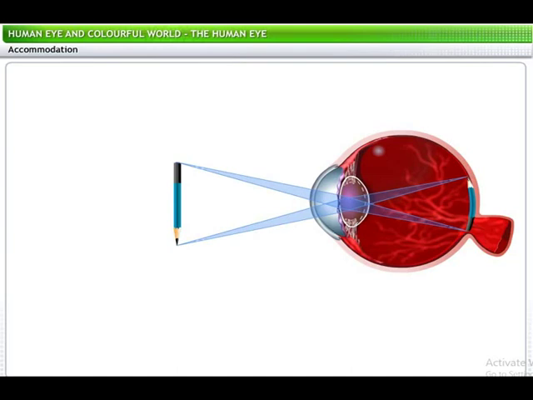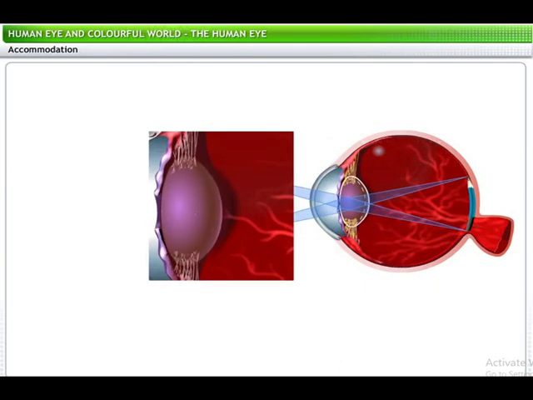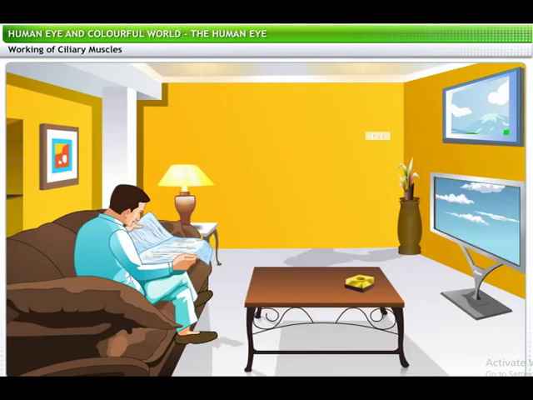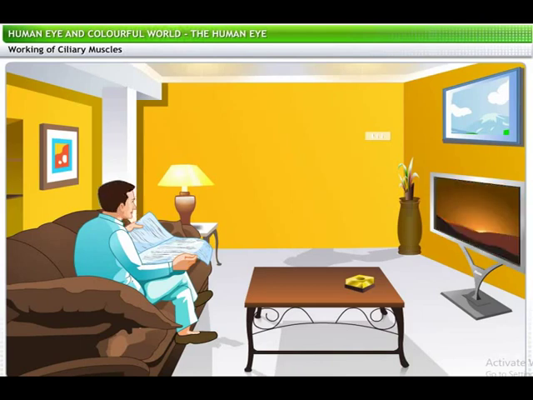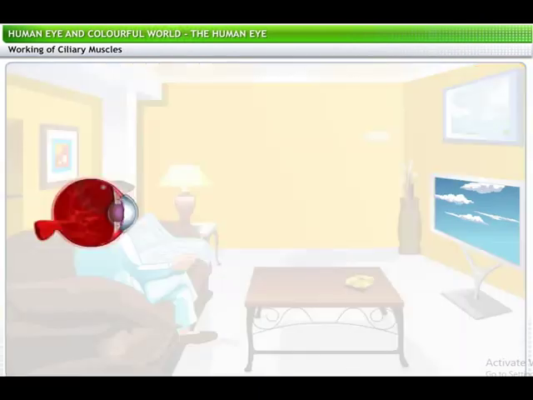To accomplish this task, ciliary muscles are used. The contraction and relaxation of these muscles helps to alter the curvature of the lens. For instance, let's revisit a scenario when a person switches from reading the paper to looking at the television at the end of the room.